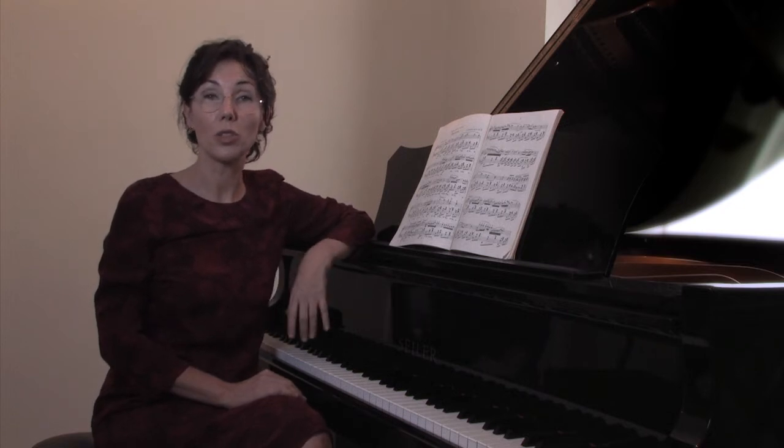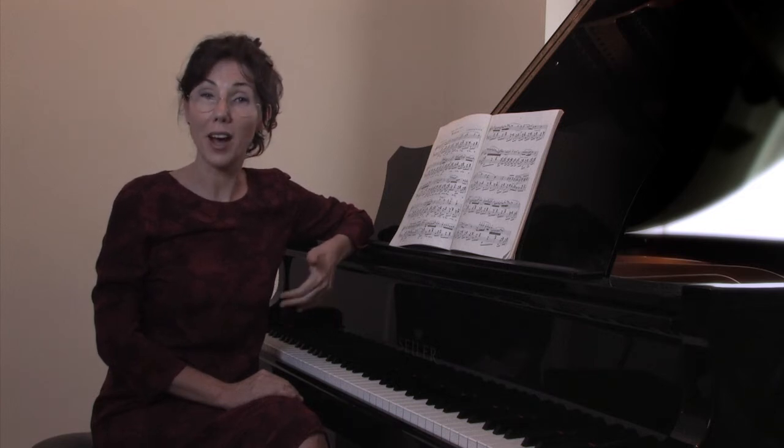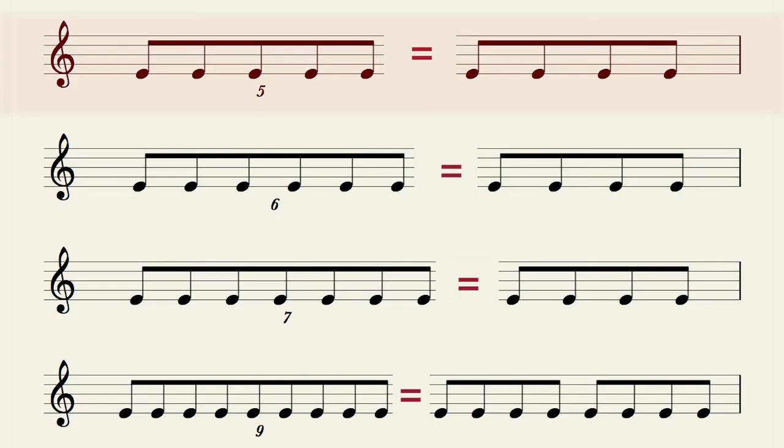We do sometimes come across situations where notes which are normally divided into 2 are instead divided into greater numbers. Greater numbers like 5, 6, 7 and 9. Divisions into 5 are called quintuplets, and they are indicated by a 5 either above or below 5 equal notes.